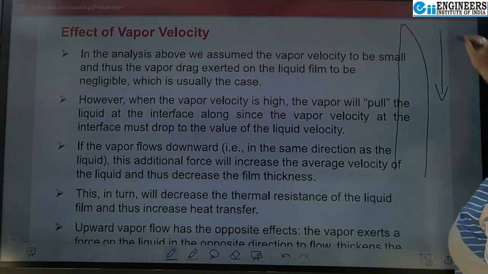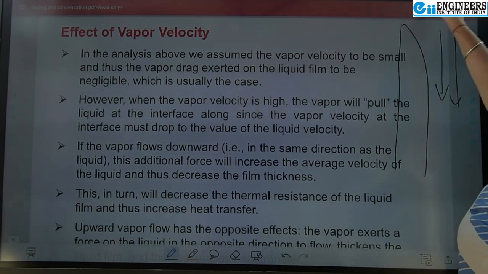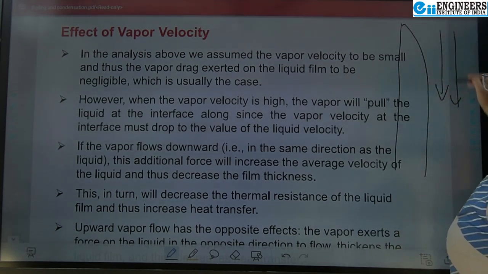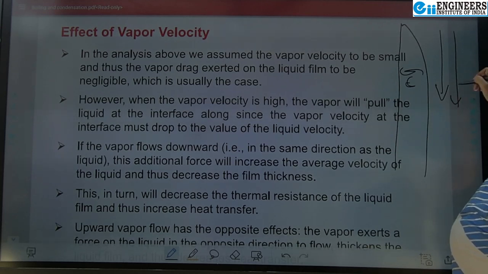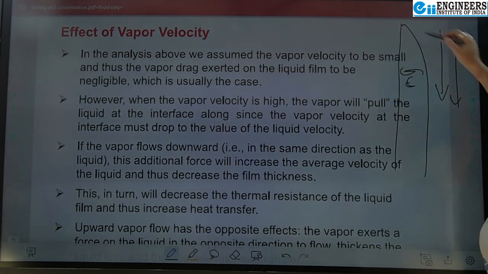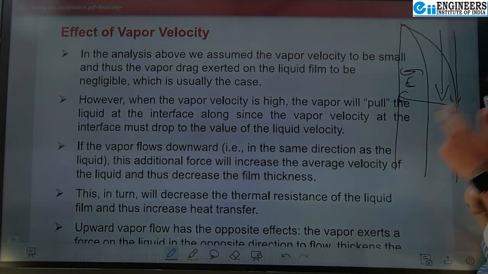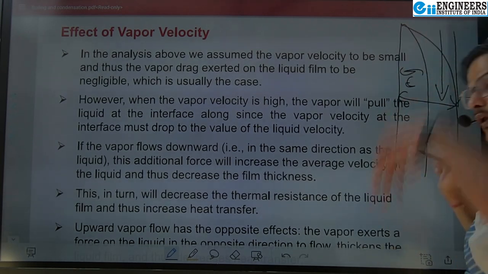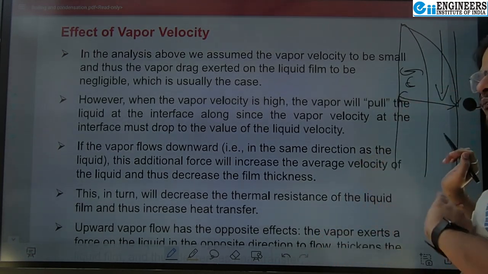Suppose the vapor is also flowing in this direction, then it will make the film fall at a faster rate, so it will not give enough time to grow for a longer time, so the delta will be smaller. But if the velocity is reduced as compared to this, then it will give a longer time for this film to form and the delta will increase. So if the vapor velocity is higher and the vapor flows in the same direction as the film, then with increase in the vapor velocity, the thickness reduces.